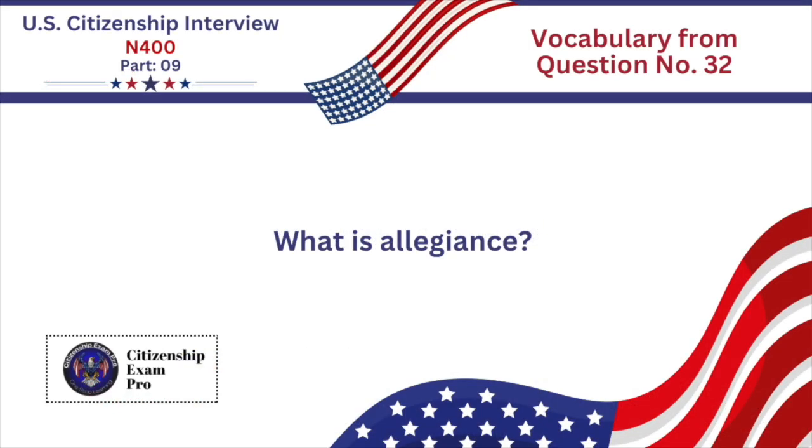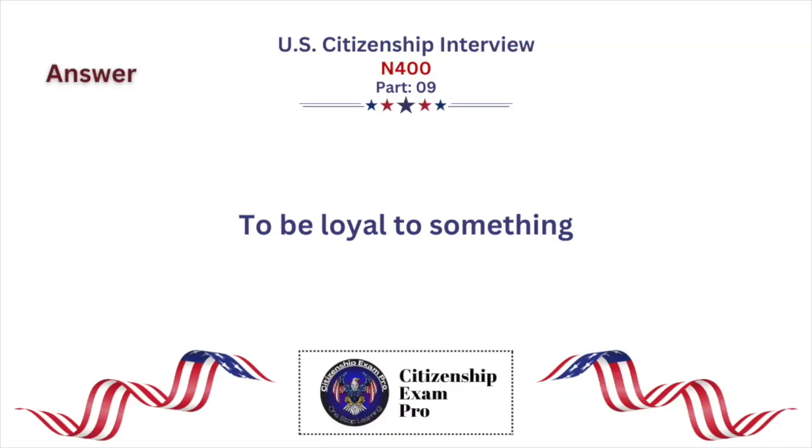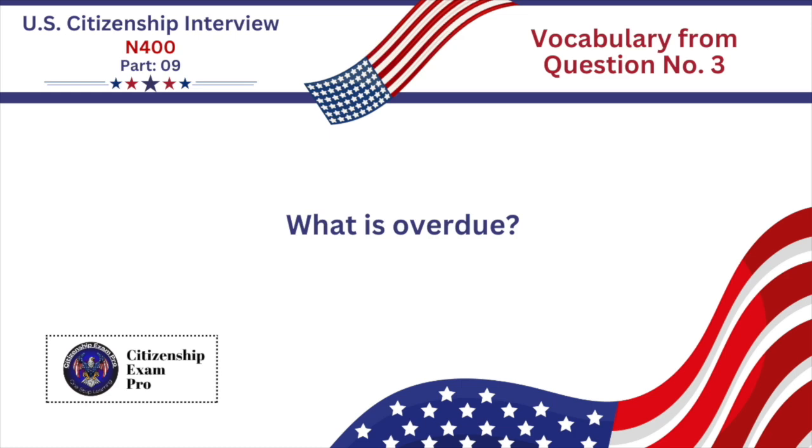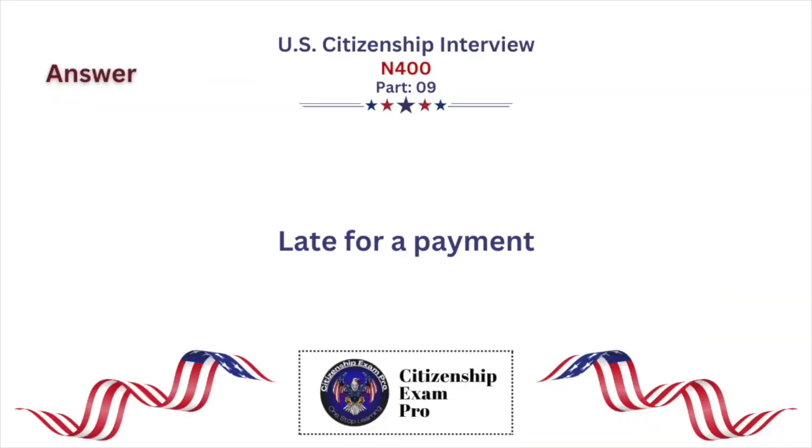What is allegiance? To be loyal to something. What is overdue? Late for a payment.